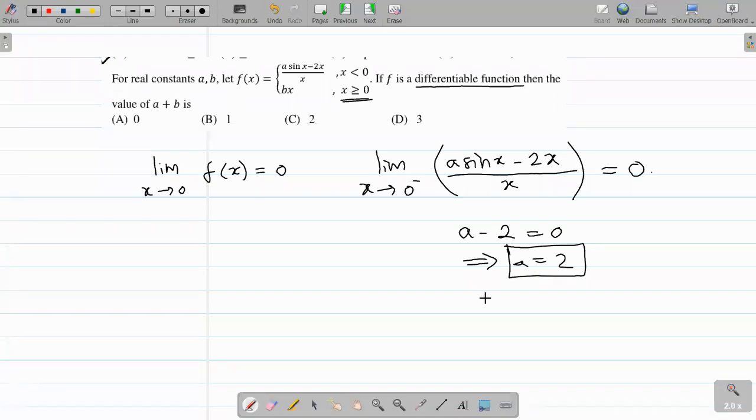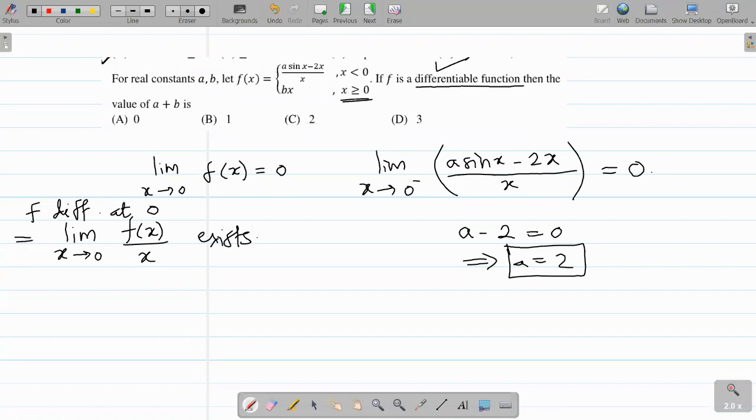Now I have to use differentiability to get b. Differentiable means limit x tends to 0 of (f(x) minus f(0)), but f(0) is 0, upon x. This exists is what we know, since f is differentiable at 0. Right? So work this out.